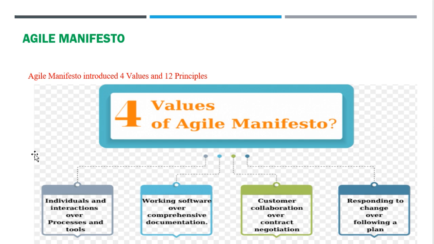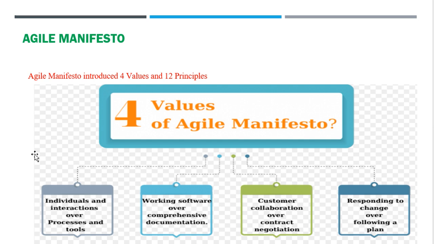In Agile also, the focus is on working closely with the customers or stakeholders to adapt and refine the project as it progresses, rather than sticking strictly to a predefined contract. This collaborative approach ensures that the final product more closely aligns with the customer's needs and expectations. So, hope you understood the third value of Agile Manifesto, which was about customer collaboration over contract negotiation.